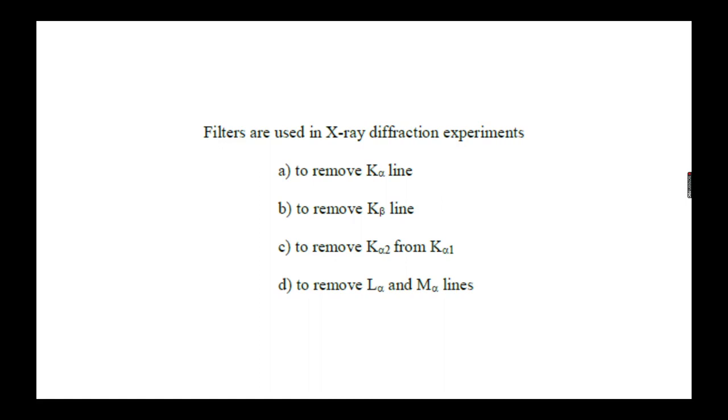The last one, to remove L alpha and M alpha lines. Okay, sure, it's a guess. Anyone else? B. Yeah. Okay, fine.